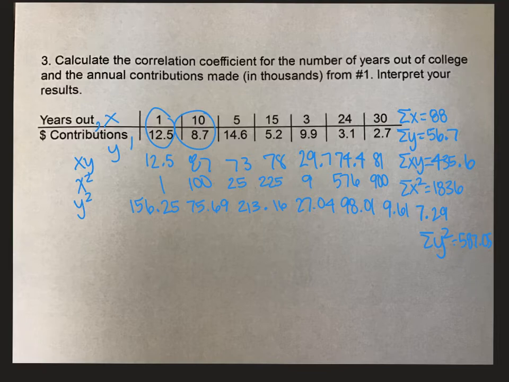Okay, so once we have all of our values, it is just a matter of plugging things into our formula and working it out. So we have 1, 2, 3, 4, 5, 6, 7 data pairs. So we're going to have an n value of 7.